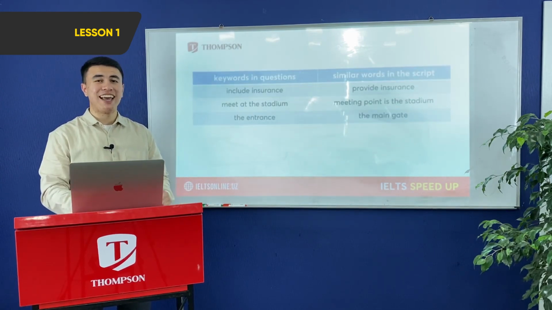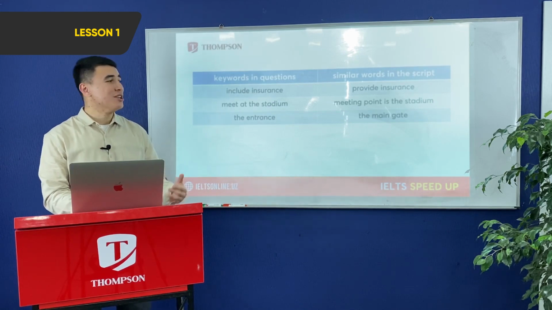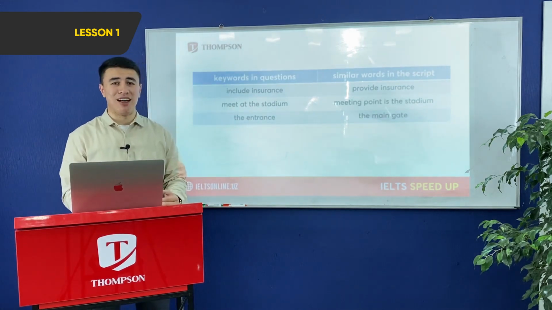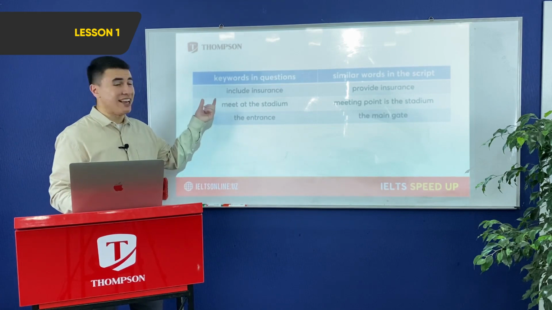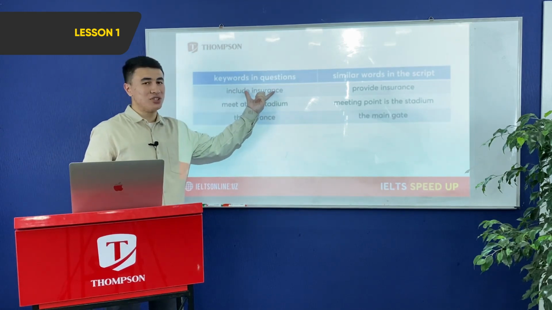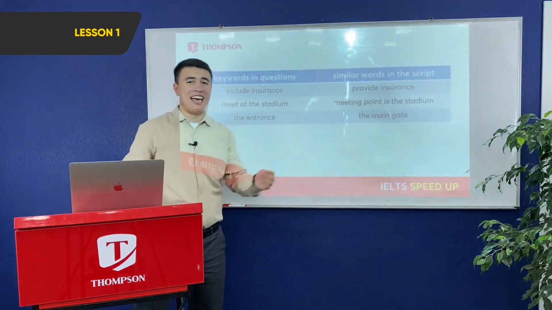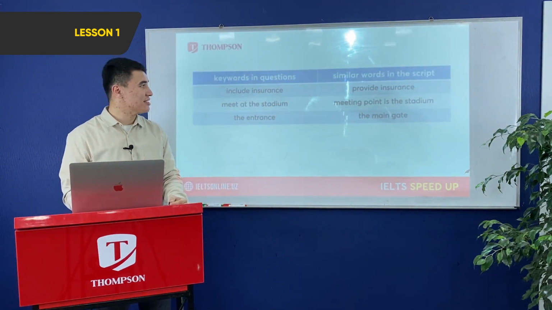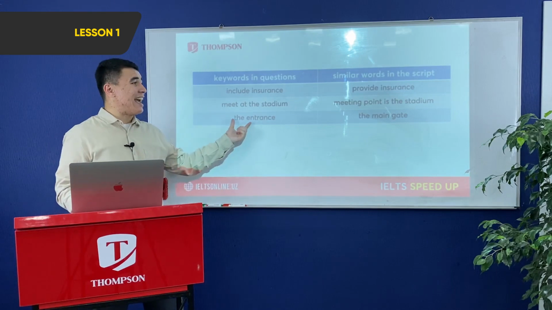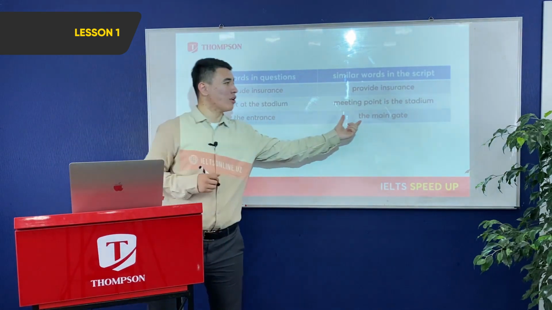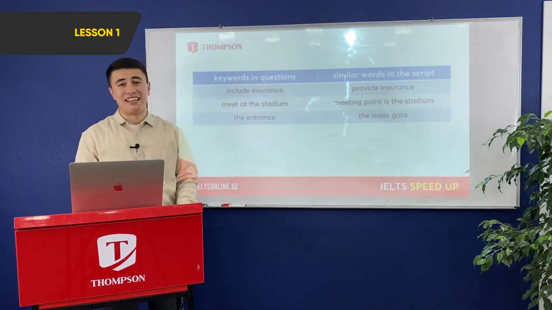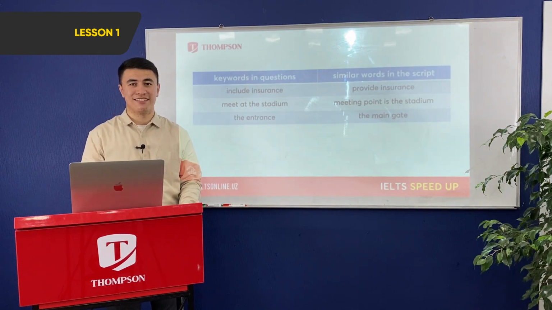And of course, at the end of the listening, you must have table of synonyms. So as you can see, include insurance. So what is given in your booklet has been paraphrased as provide insurance. And moreover, the entrance, as I mentioned before, was actually paraphrased as the main gate.